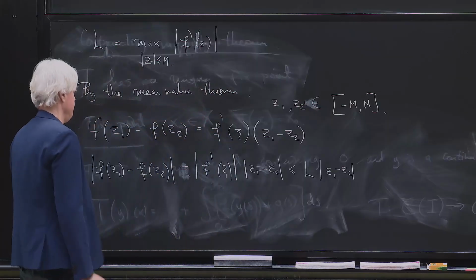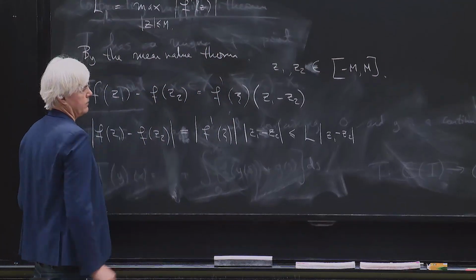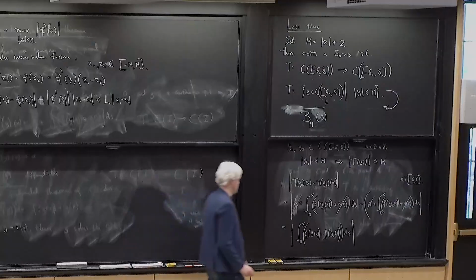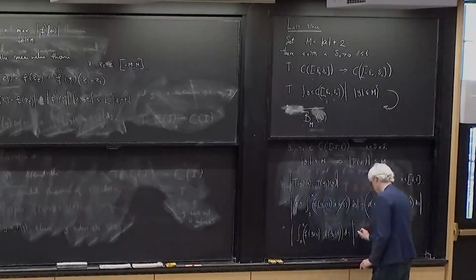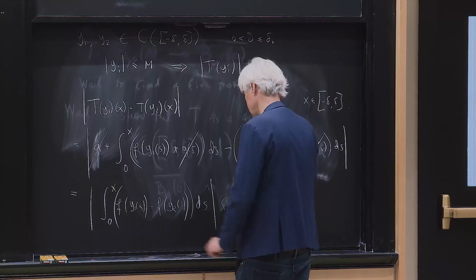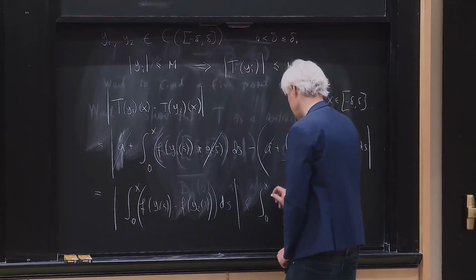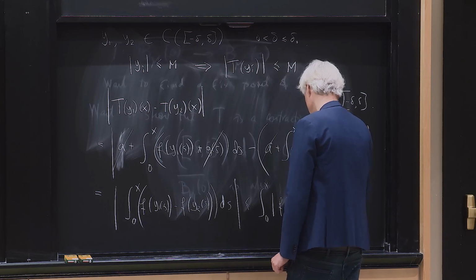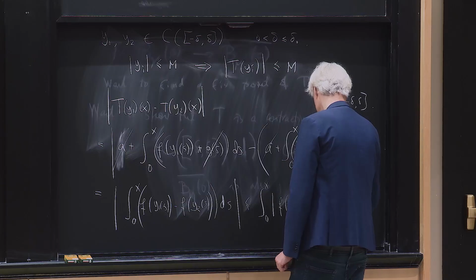And so now, if you use this fact here on this, this thing here is less or equal to the integral from 0 to x, and I can take the absolute value under the integration sign. So I get f of y1 s minus f of y2 s ds.